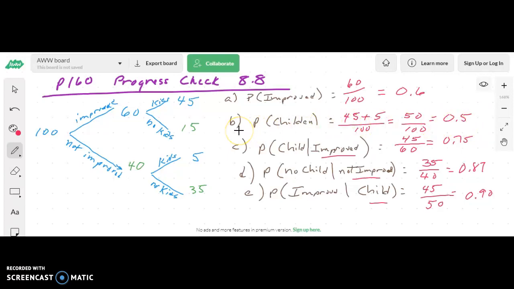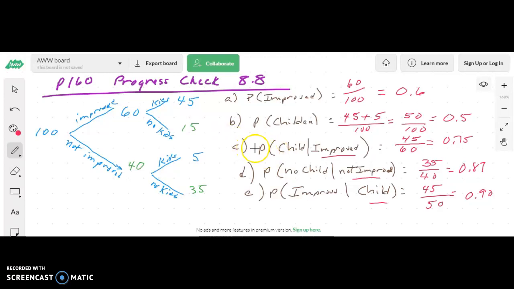Now the next 3 questions are the ones that are a little more complicated, and I personally find that these tree diagrams help tremendously. Otherwise, if you get lost in the weeds of some of the formulas, it can tend to be difficult.